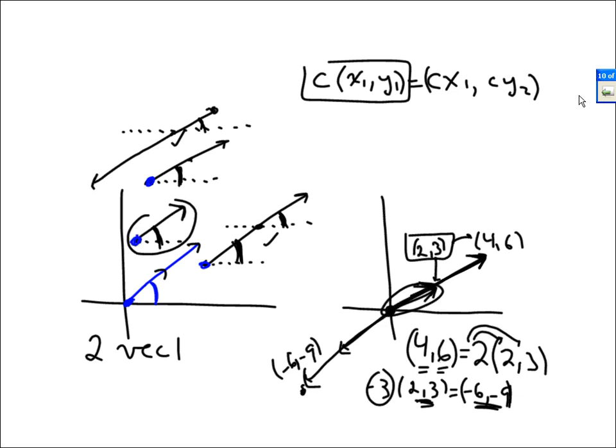So let's formally write that up. Two vectors are parallel if one vector is a multiple of the other vector. Let me just erase my physical board and we'll be done. Two vectors, u and v, are parallel.